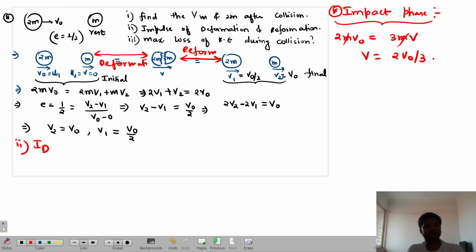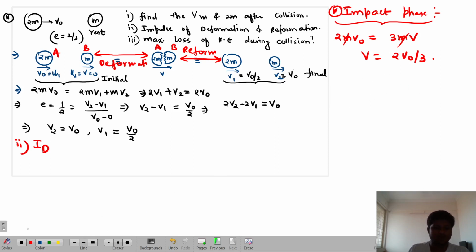So let's suppose I define this as A, and this as B. If I write the impulse formula, it is integral F dt. Now force can't be applied on two objects at the same time. So that is why we write it on one body. Are you able to get me or not?